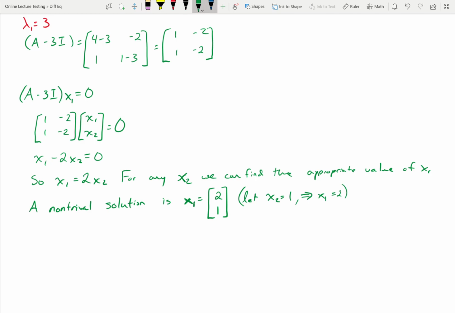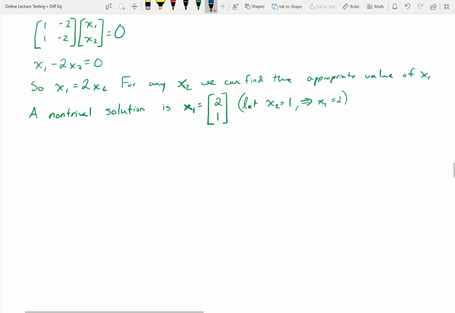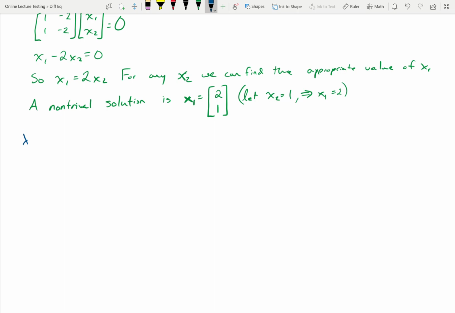All right, now we need to do that with lambda 2 is equal to 2. Again, we want (A minus 2I) x2 is equal to 0. So when I plug in 2 into our equation, I'm going to get 4 minus 2, which is 2.